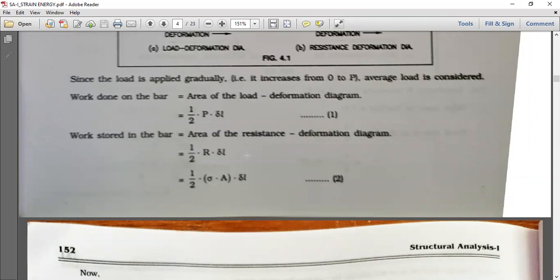Since the load is applied gradually, it increases from 0 to P. Average load is considered.